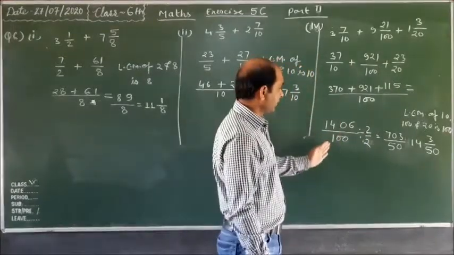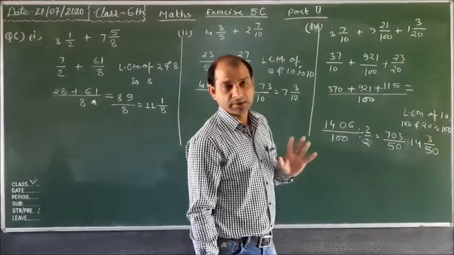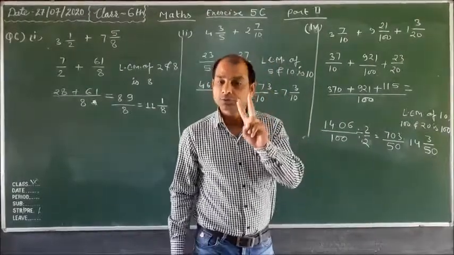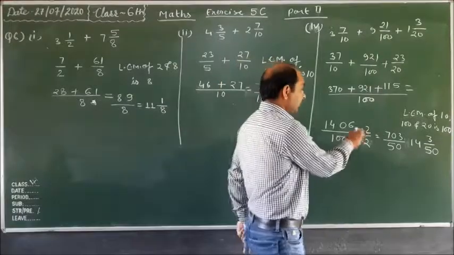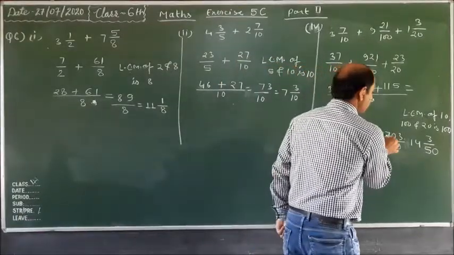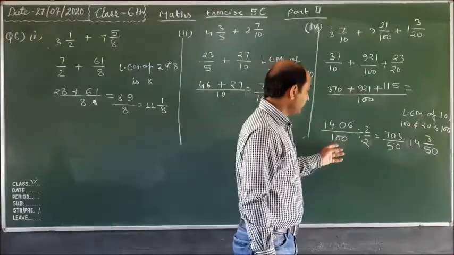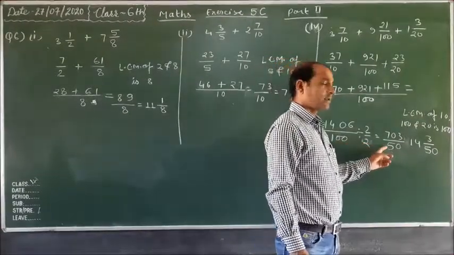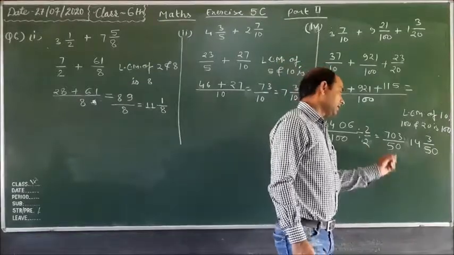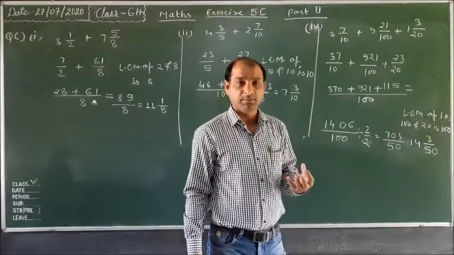So this number and this number are divisible by the same number. Which number? By 2. Okay. Now 1406 divided by 2, answer is 703 and 100 divided by 2, answer is 50. And here 703 and 50 are not divisible by the same number.